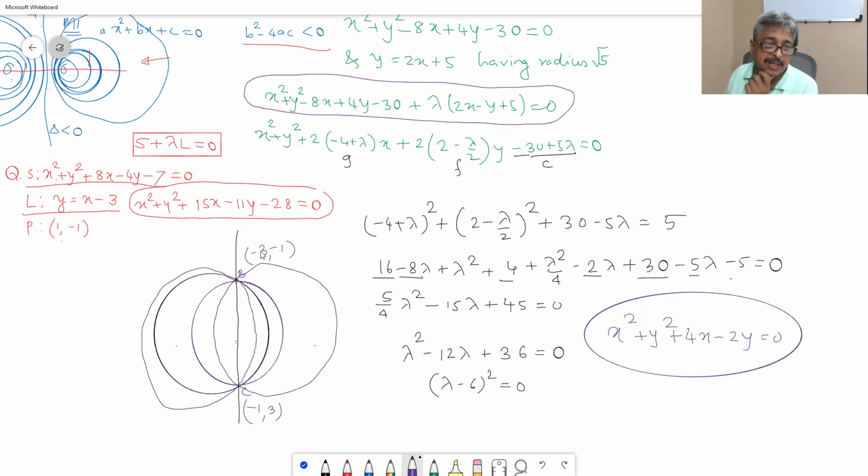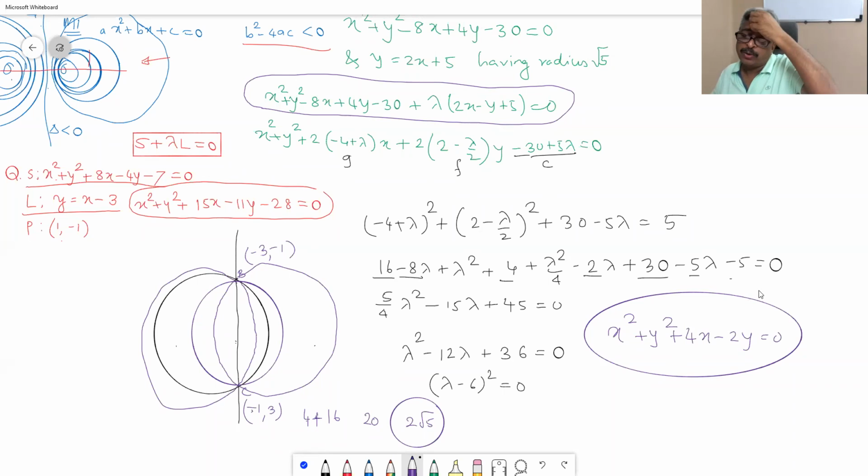Distance between them: minus 3 plus 1 is 2, bracket square is 4, plus 16, that is the square of distance, 20. 20 is 2 root 5, and therefore BC is a diameter, therefore it is 2 times root 5, and that is what the circle is.